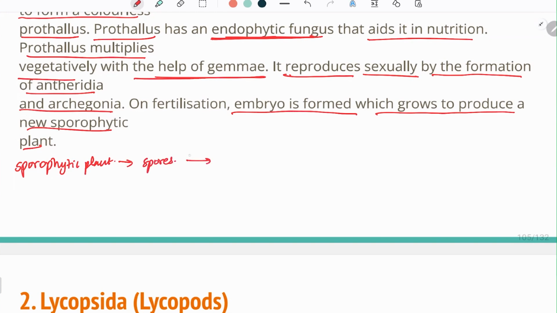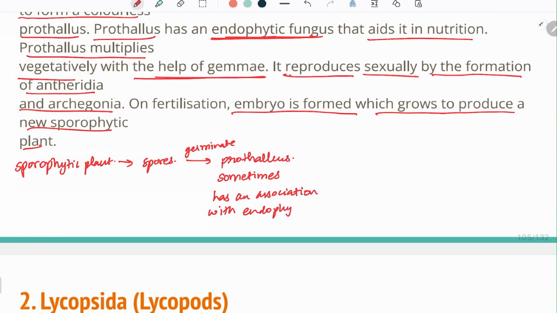Now these spores germinate and give rise to the prothallus. This prothallus sometimes has an association with an endophytic fungus, and this endophytic fungus helps in the absorption of nutrition. Now, this prothallus will have antheridia and archegonia.